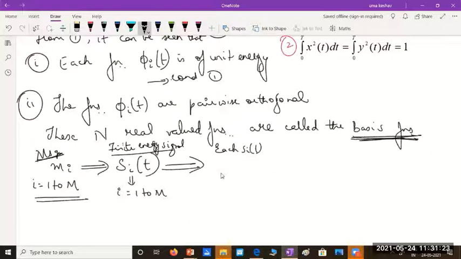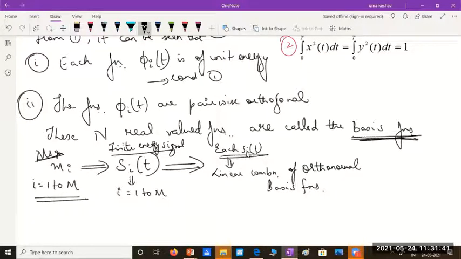Each Si will be represented as a linear combination of orthonormal basis functions. Understand this?